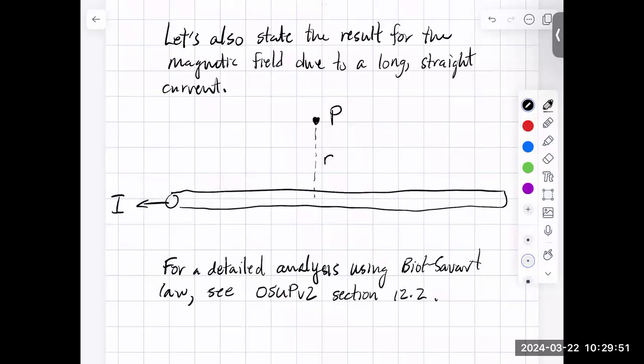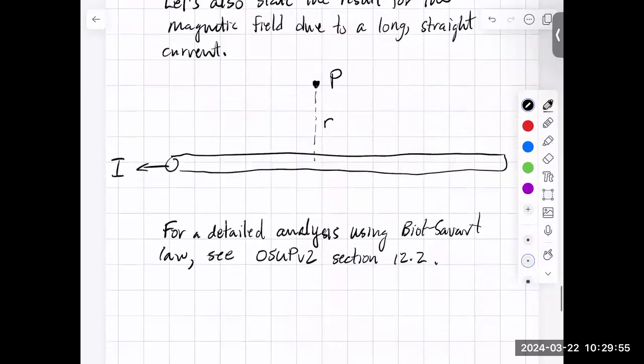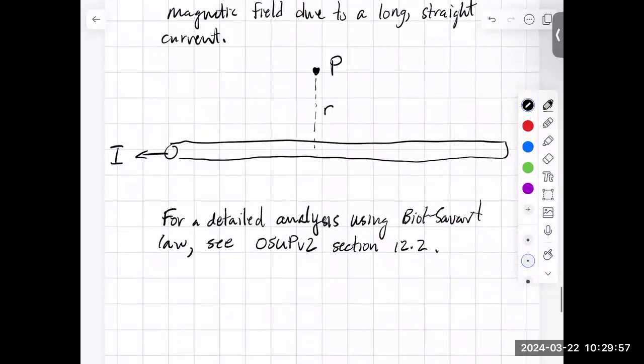Okay, and the result is the following. So B is going to be equal to mu naught I over 2 pi r.